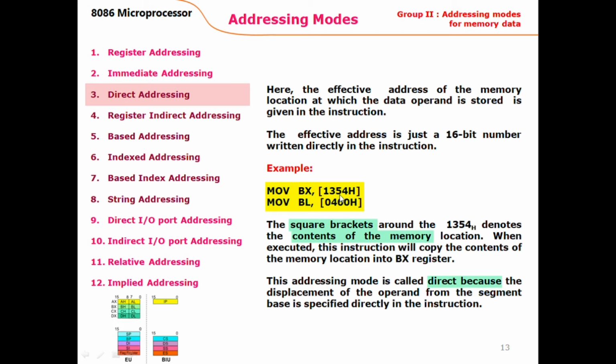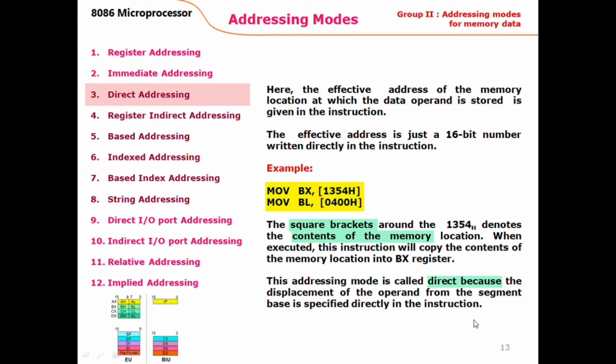Both of these are 16-bit effective addresses, but here the destination is a 16-bit register, while here the destination is an 8-bit register. So the amount of data, the size of the data to be transferred, depends on the size of the destination.